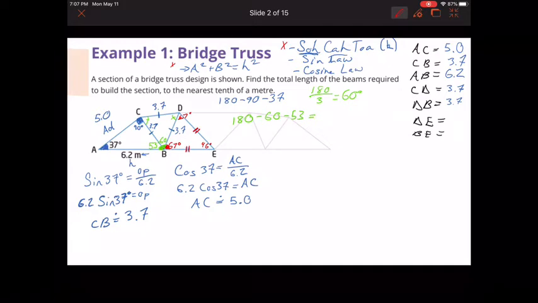Actually, no, I couldn't because I need to have 2 sides to use cosine law. But sine law is always easier than cosine law. So if you can use it, always do it. I can use it because I have an angle with its opposite side. So that gives me something to compare anything off of.